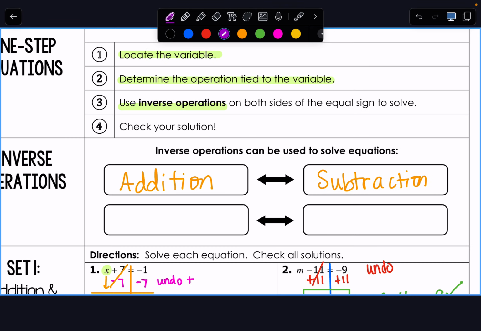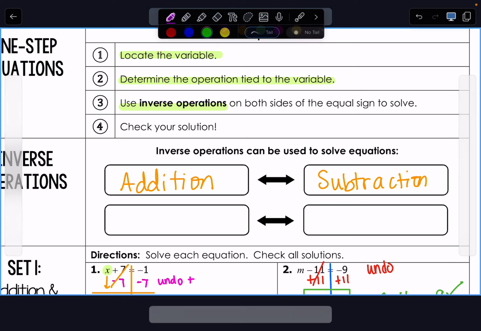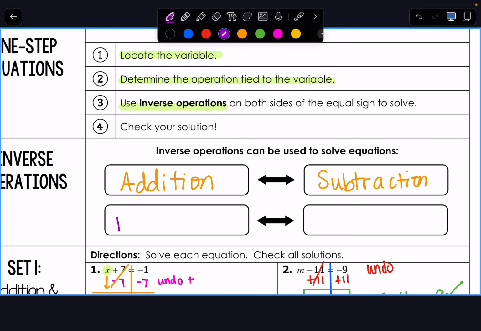Okay, so yesterday we talked about how addition and subtraction are inverse operations from each other. Who thinks they know what we're going to write right here? Okay, Matthew says we're going to write multiplication and division. What do you feel about that?